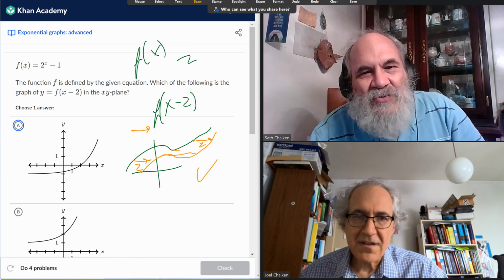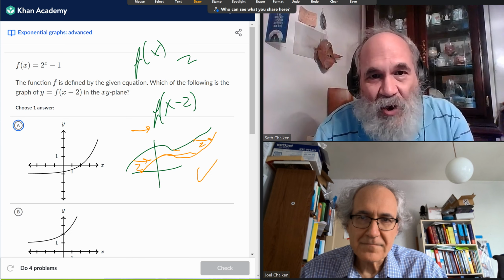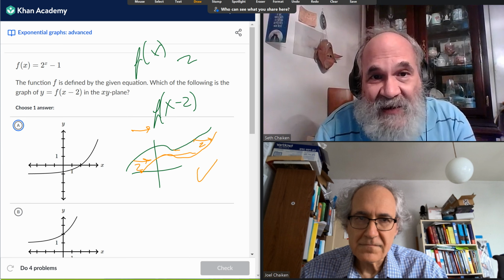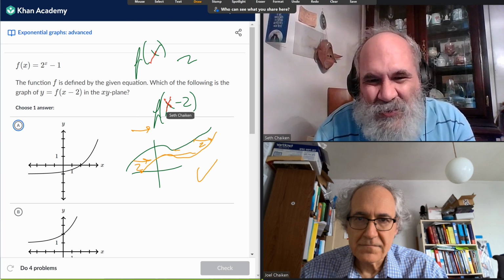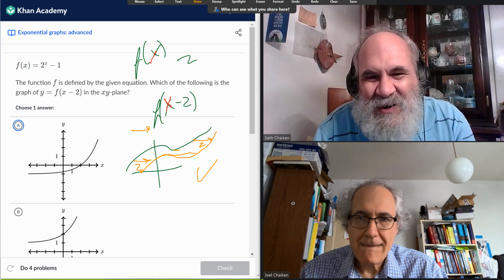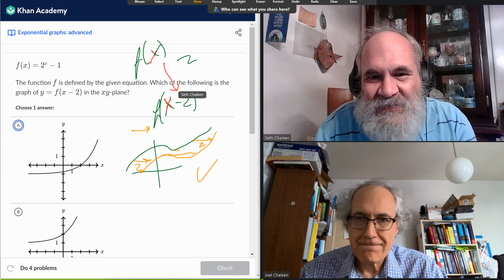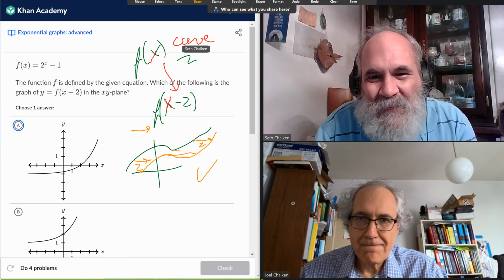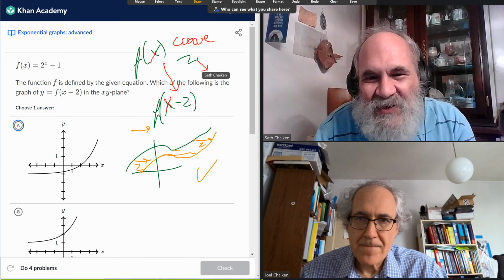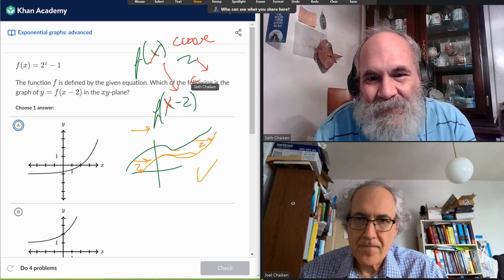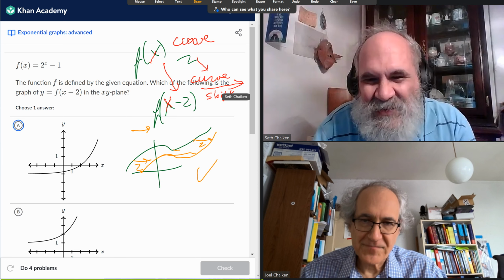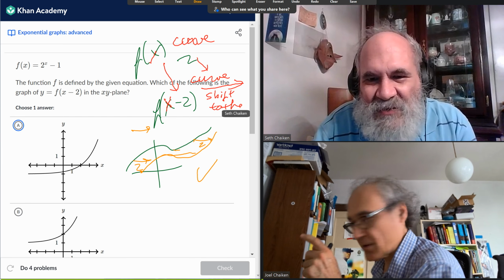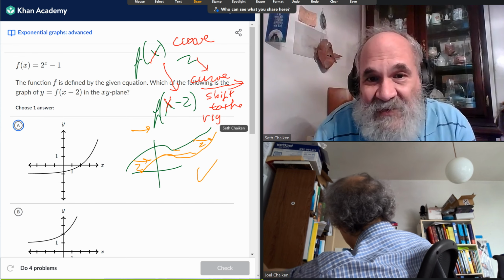So when you go from f of x to f of x minus 2, you take the curve and shift it to the right. Yes, horizontally. Horizontal shift, to the right. Not the left. Yeah, that way.